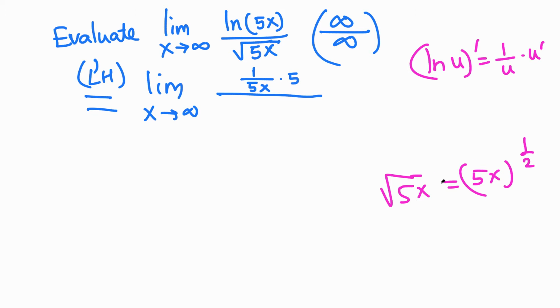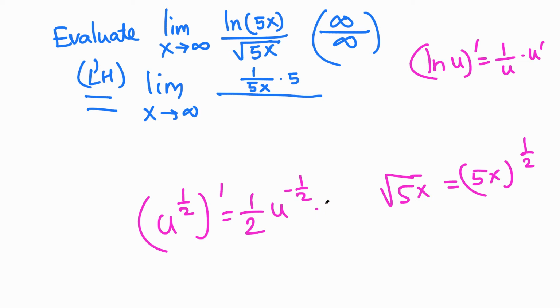In fact, we can pull 5 outside, but that brings 1/2 outside as well. That's the square root of 5. But it's like u raised to 1/2. When we have power rule combined with chain rule, that is from the power rule 1/2 u to the 1/2 minus 1, negative 1/2, times the derivative of the inside function from the chain rule, which is u prime.